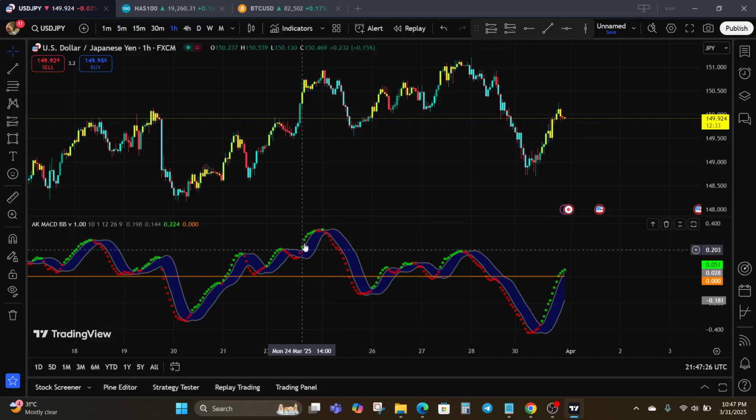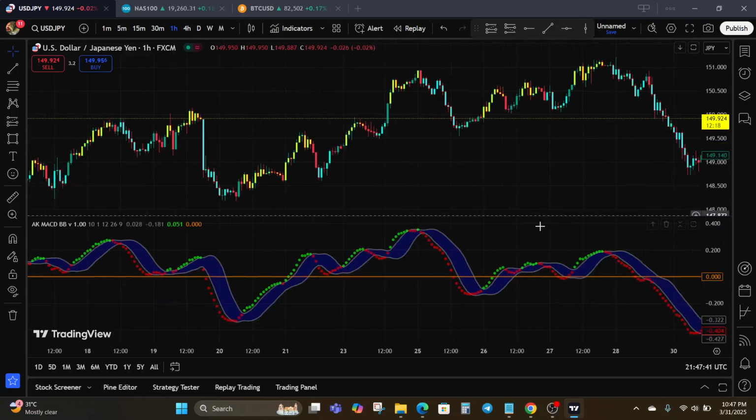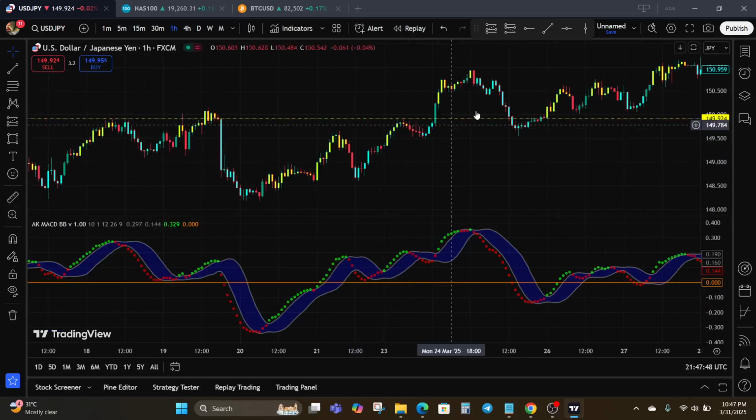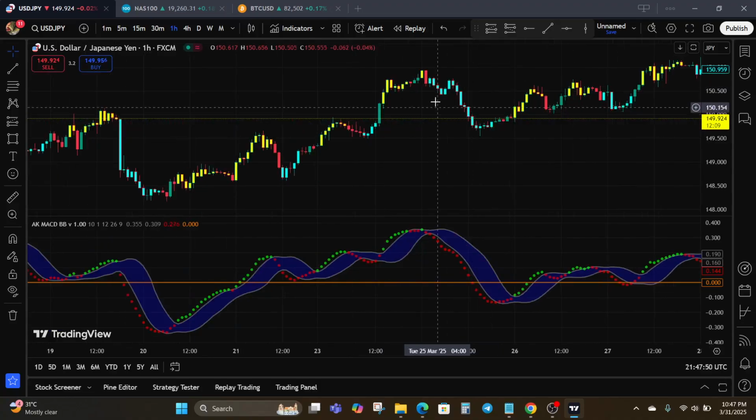So when the red dots begin to pop up, it shows that sell momentum is getting stronger. It shows that a sell move is incoming. So whenever you notice the indicator rise to the top and these red dots begin to form, you should be looking for sell opportunities. Now you come to the candlesticks and then you watch out for the candlestick changing color to this sky blue. So when the candlestick changes color to sky blue, that is an additional signal to sell.